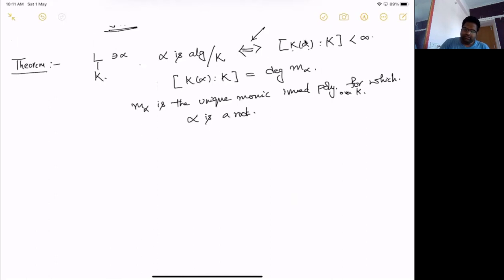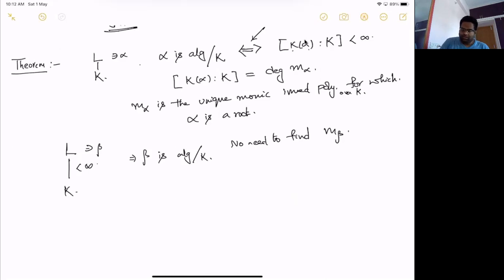In particular, if you know that L over K is a finite extension, that means its degree is finite, then you can easily see that for each and every element beta in L, beta is algebraic over K. You need not find the minimal polynomial of beta.